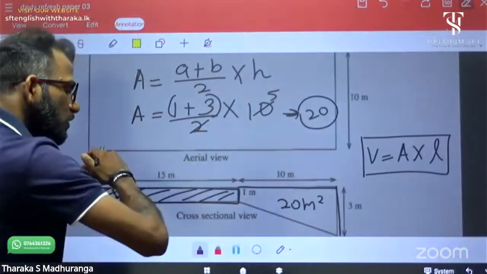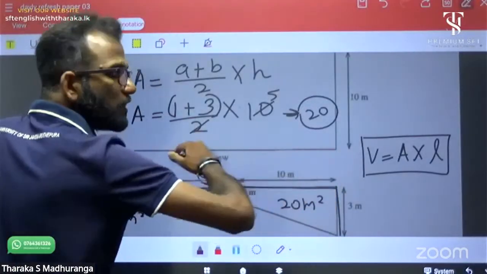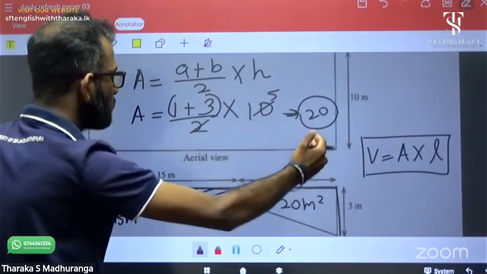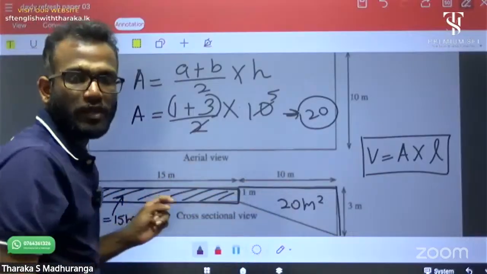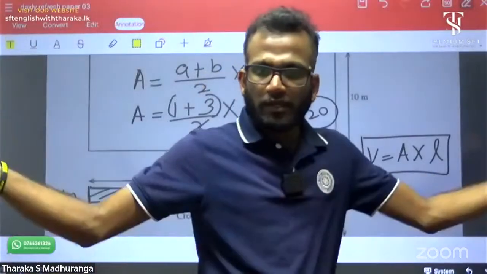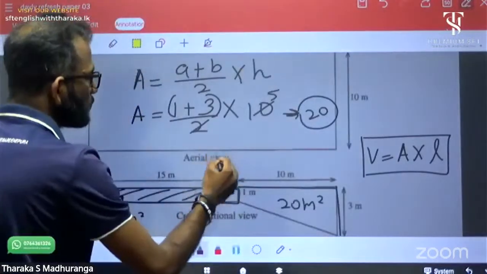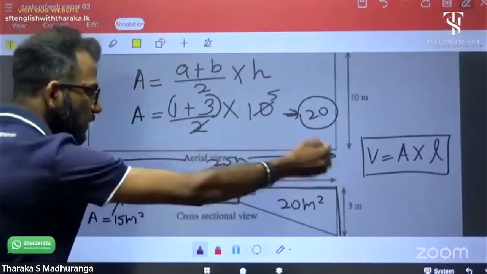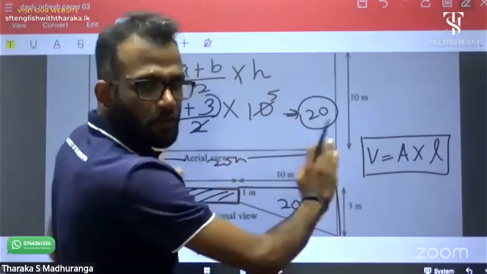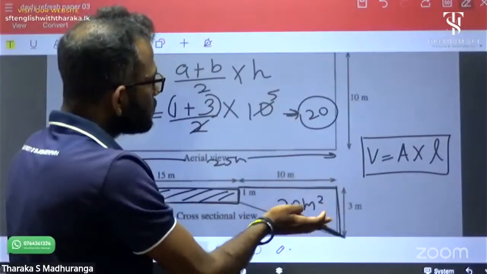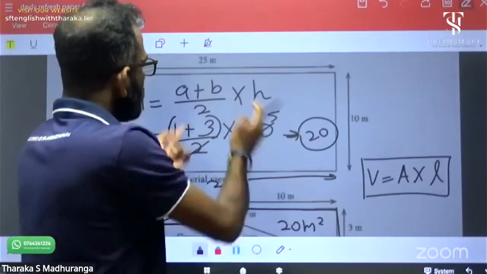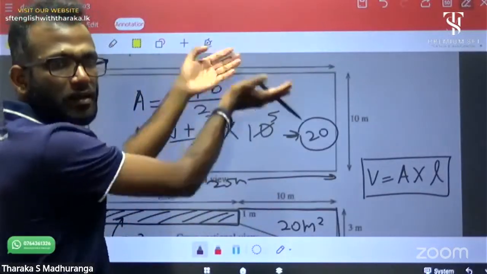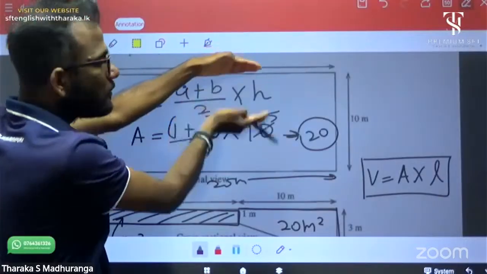Now how about the entire length of this swimming pool? The length is 15 plus 10, 25 meter. The length is only 25 meter. Now it's the same cross-section, given as 25 meters, from this point to this end point.